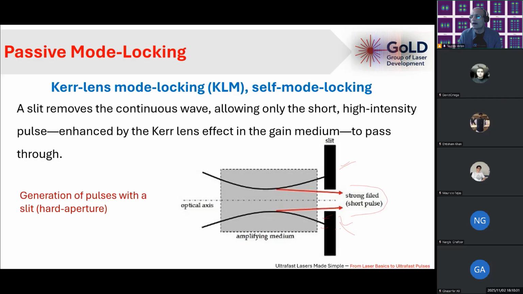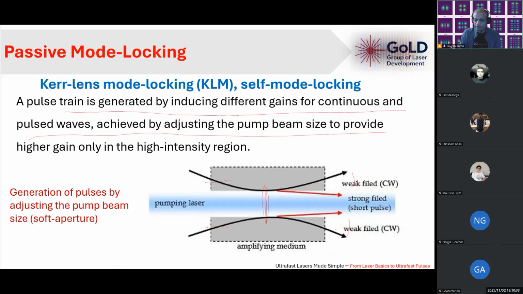This is called a hard aperture. And the previous one, there are no hard things around, is a soft aperture, created by adjusting the pump beam dimensions or diameter, 1 millimeter, 2 millimeter. You have to optimize it manually sometimes.